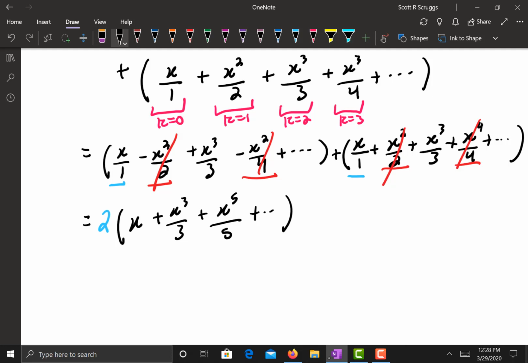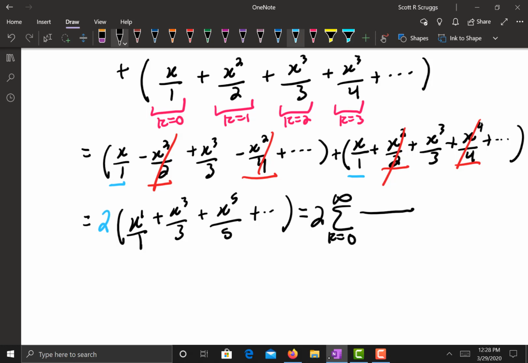And now let's write that in power series notation. The pattern is that only the odd powers and the odd denominators remain.